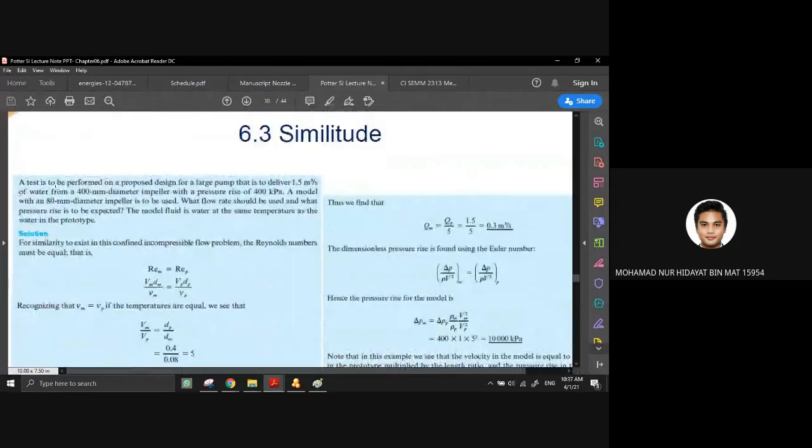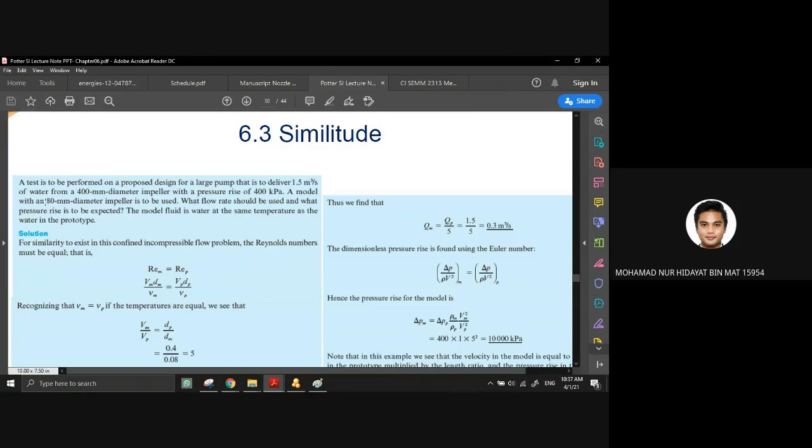So you can see, I read the question. A test to be performed on a proposed design for a large pump. The large pump is a prototype that delivers 1.5 meter cubed per second of water from a 400 millimeter diameter impeller with a pressure rise of 400 kilopascal. This is the prototype, the real thing. Now, they talk about a model.